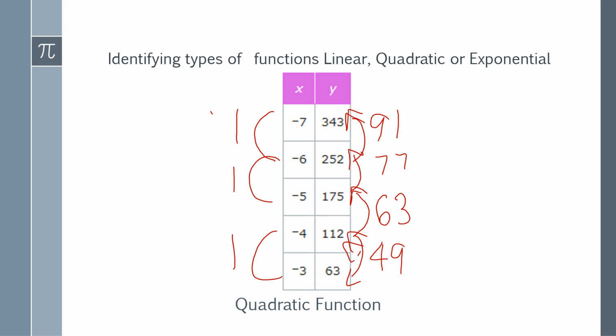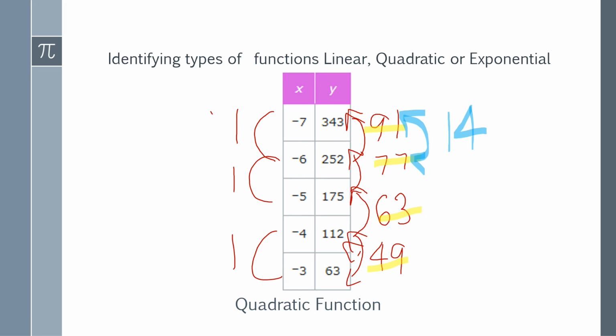So look, there's no pattern with that, right? So guess what you have to do? You got to do that again. So you're going to take these numbers and you're going to find the difference between these four numbers. So guys, difference means to subtract. So 91 minus 77, the difference between those two is 14.